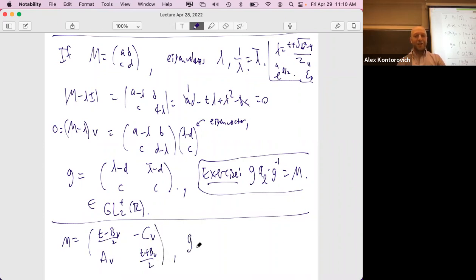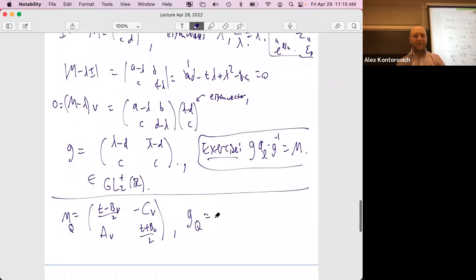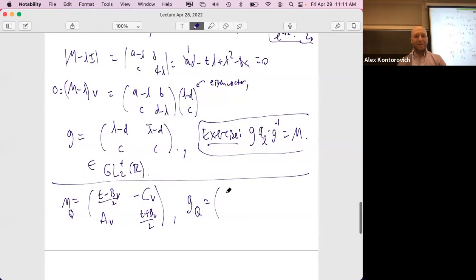So what is the G of Q? This is M of Q, where Q is the quadratic form A, B, C, A, B in the bottom row. I have lambda. Lambda is epsilon D. So G will be epsilon D.